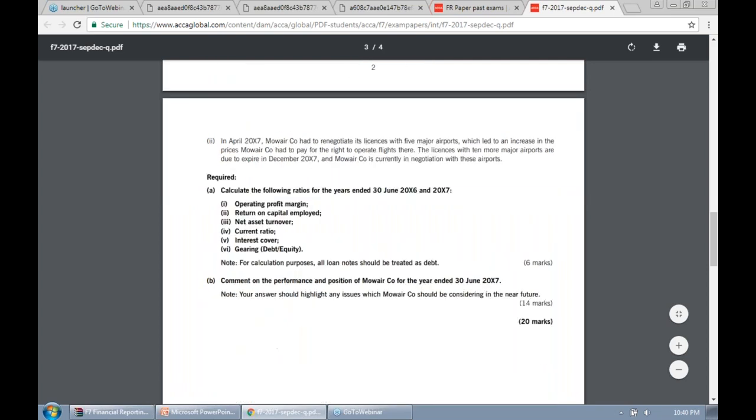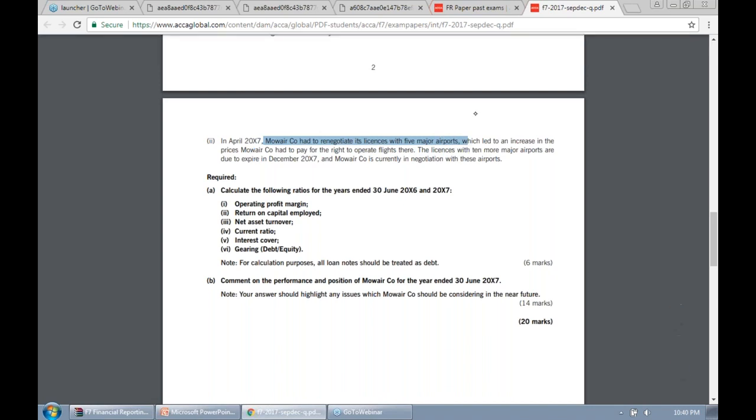In April 2007, Movier had renegotiated its license with five major airports. So now this is the important point. The company has renegotiated its license with five major airports. That's the reason for the increase in the intangible assets, which led to an increase in the prices.